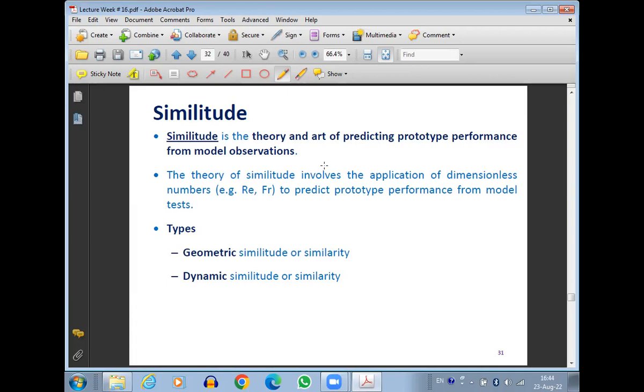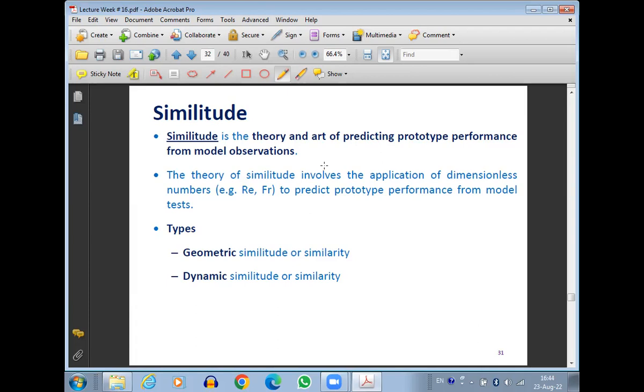Okay, so for example, you modeled an aeroplane and tested it in a wind tunnel inside your laboratory and found that when the velocity was 2 meters per second, your model failed. It fell off. It couldn't sustain the drag forces. So if your small-scale model was not able to withstand air at 2 meters per second, then for the real prototype, the real scale device, what should be the speed of the air that it won't be able to sustain?